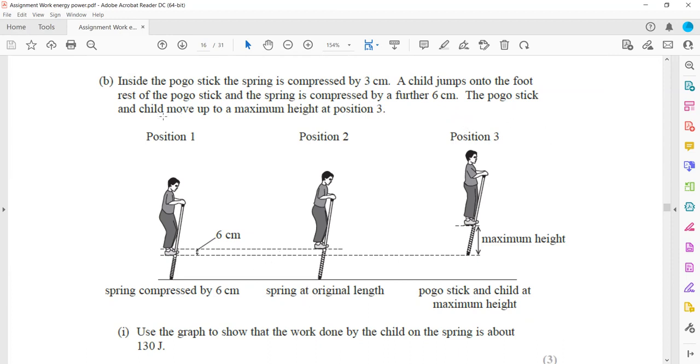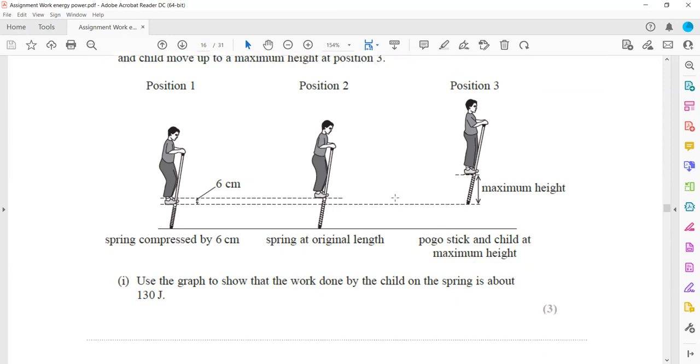The pogo stick and the child move up to a maximum height in position 3, as you can see here. The spring compressed 6 centimeter, the original spring length is there, and the pogo stick and the child are at maximum height. Use the graph to show that the work done by the child on the spring is about 130. So how can we show that the work done is about 130?